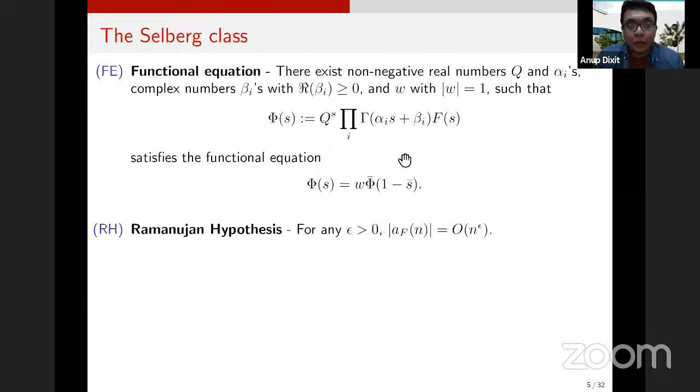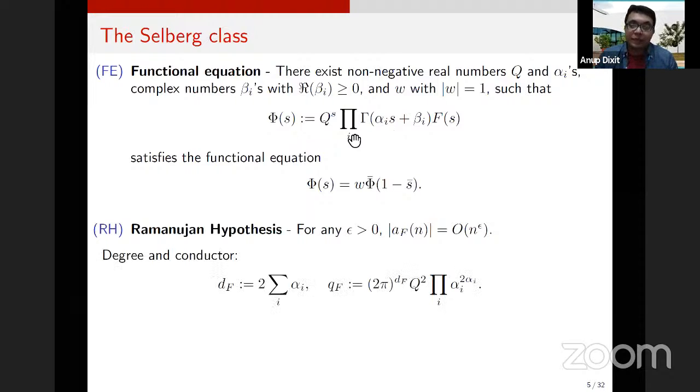Okay, so one point to remember here is that this functional equation is not unique because the gamma function has the duplication formula. However, you can define some invariants using this functional equation, namely the degree and the conductor. So the functional equation is not unique, but these are well defined.